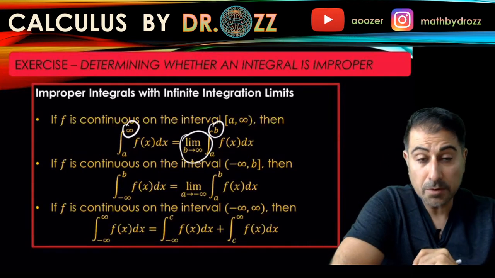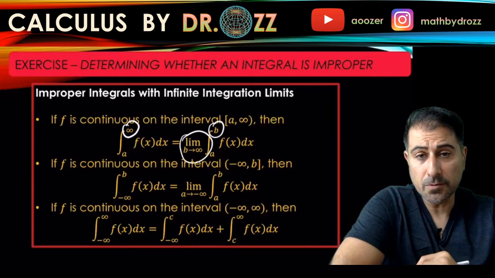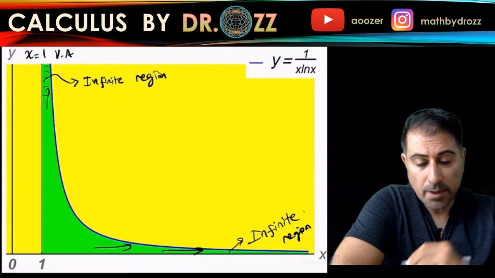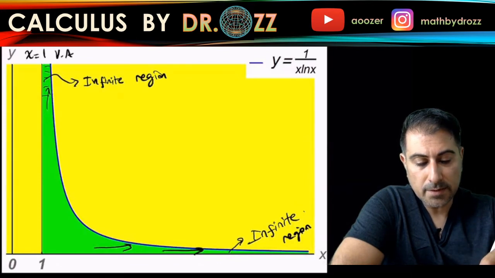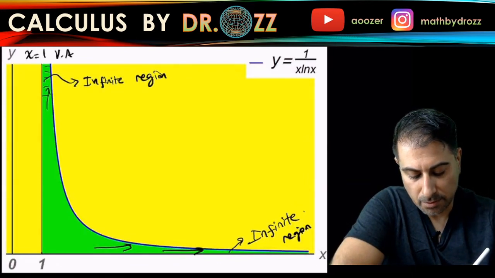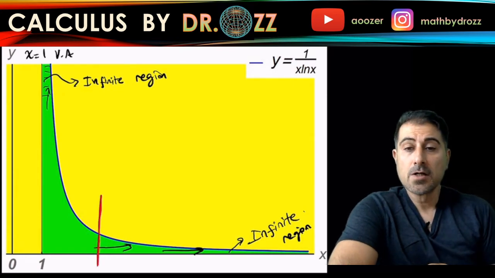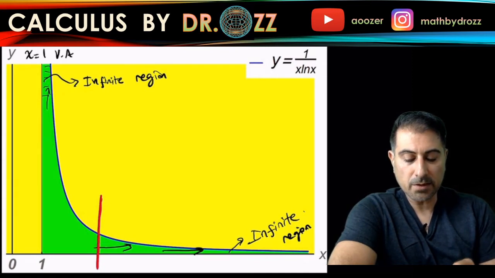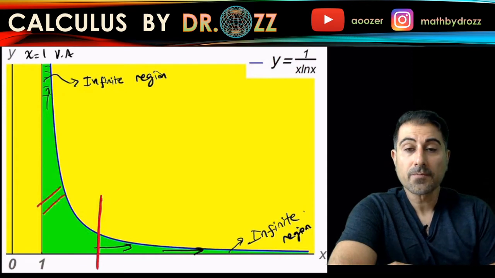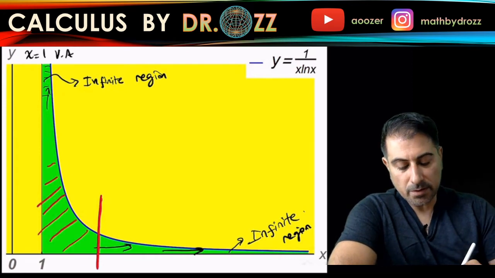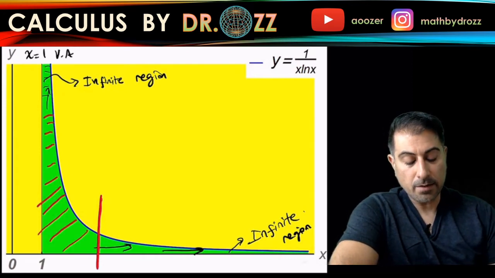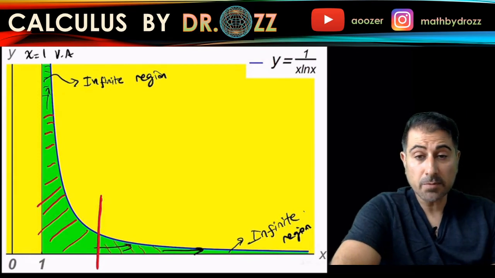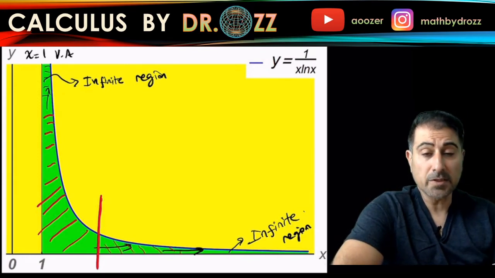So we also have to split this integral into two parts, because what I want to do, and what you should do for questions of this sort, is split this area into two parts. Let's say I split right here. Now I have an improper integral of the first kind to represent this area, and to represent the other area, I have an improper integral of the first kind, because one of the limits is infinity.